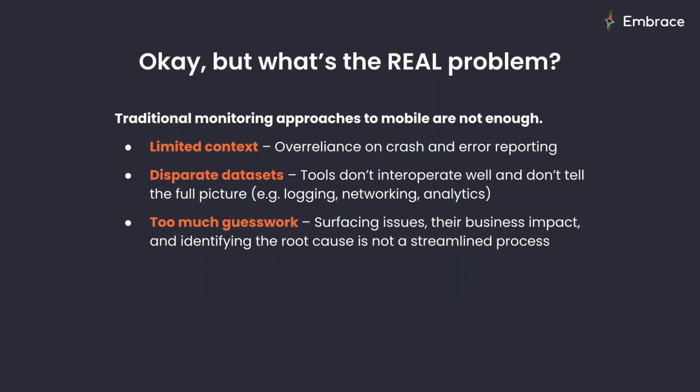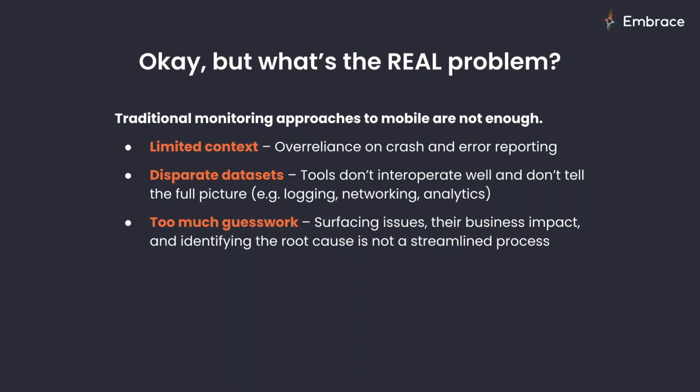Well, you might be wondering, what exactly is the real problem? I've been in mobile app development for over two decades, and I've seen traditional monitoring approaches which are very constrained towards logging. The teams either rely on limited solutions like crash reporters and error monitoring solutions.